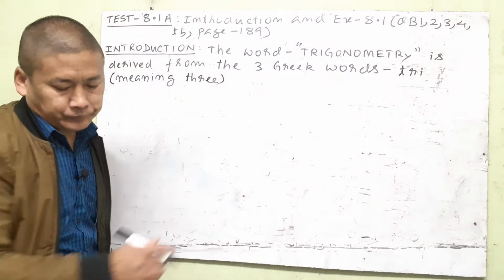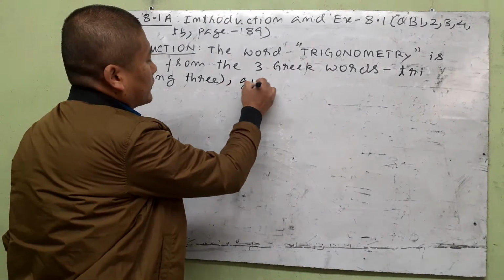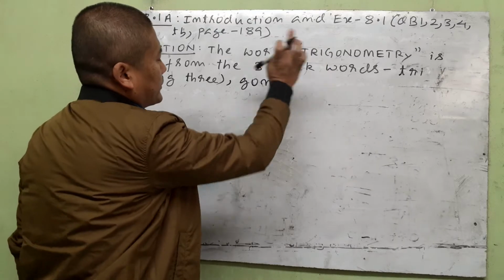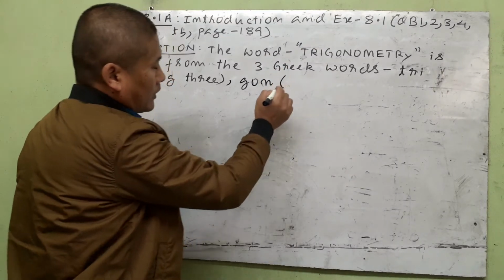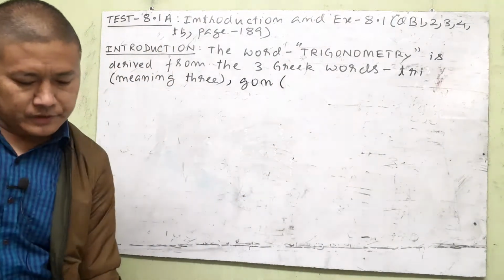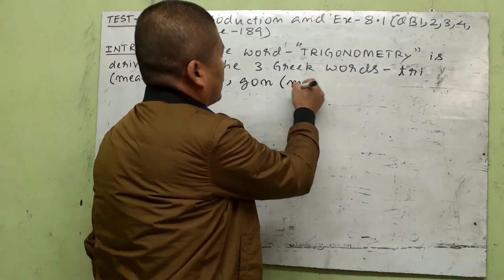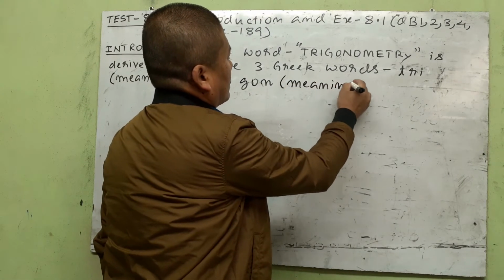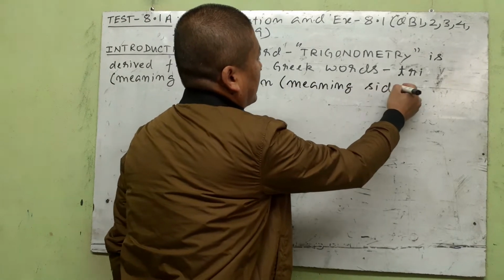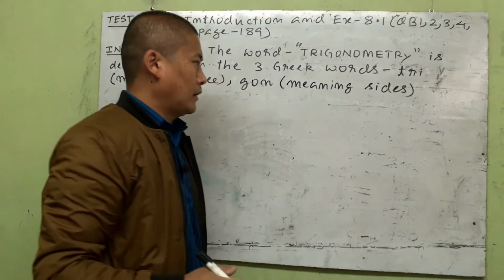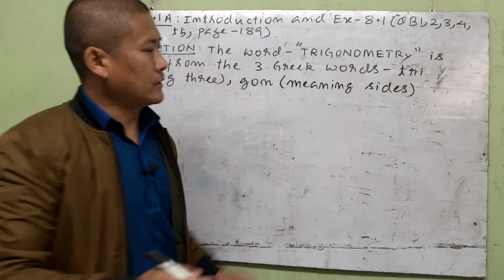Then the next Greek word from where this word trigonometry is derived is gon, which simply means sides, S-I-D-E-S in English. The word gon means sides.